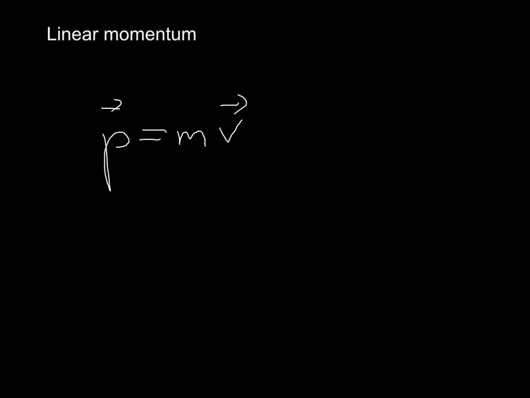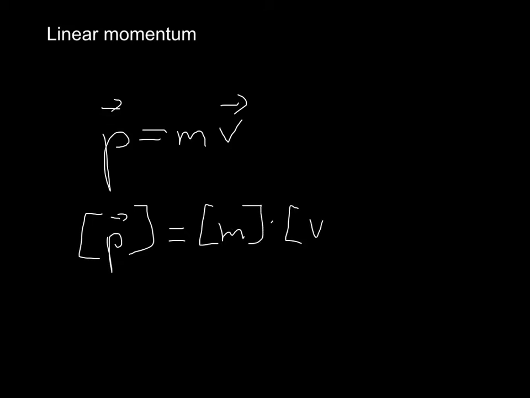Well, the units, we can work them out by looking at the units of mass and the units of velocity. So we know that if a quantity is this times this, then its units will be these units times these units. So let's write that down. Now remember, this means units. So units of momentum will be equal to units of mass times units of velocity.